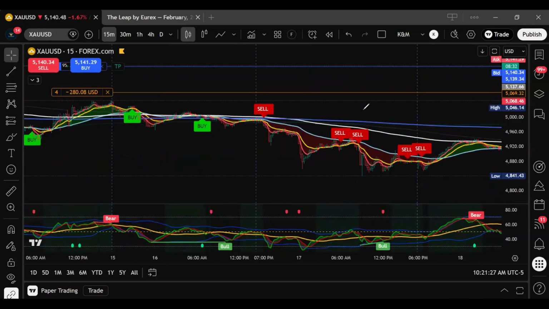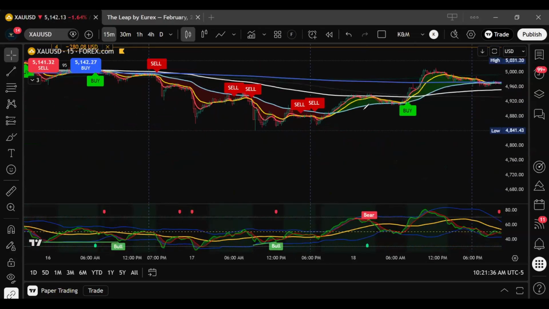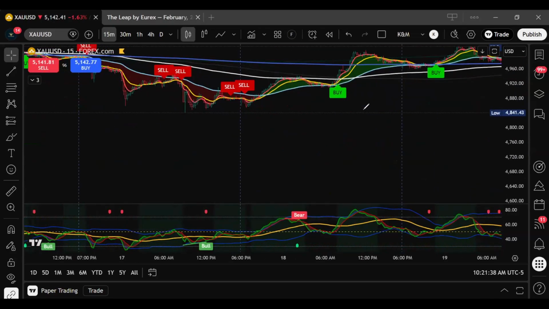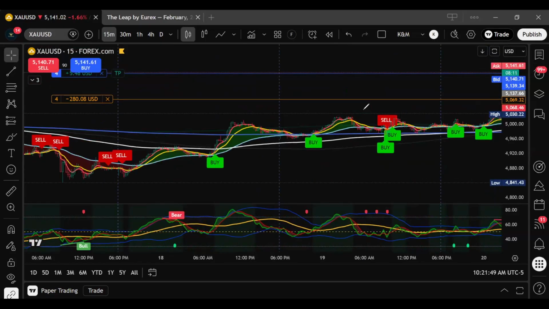Right here, no consolidation. This, we would have took these sales because the water and the mayo are on the same side. We got the mayo on the top, water on the bottom, so they're both on the same side, pushing the candles down. This one right here, that was a good one, but according to what I'm showing as a beginner, I wouldn't have took this either.